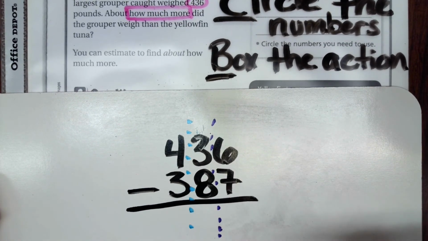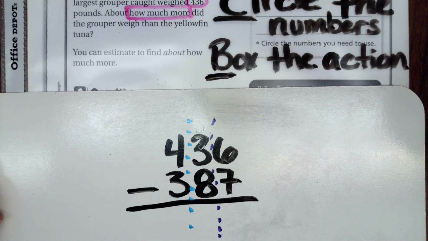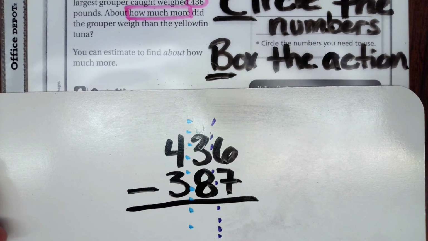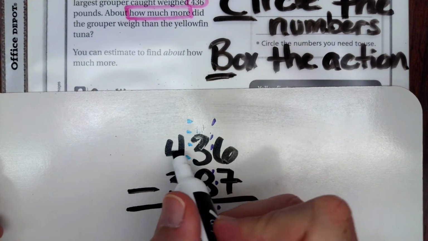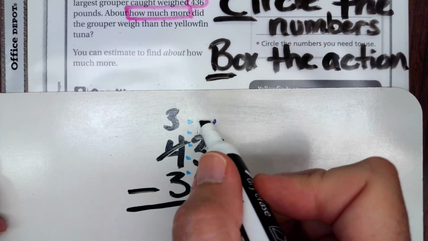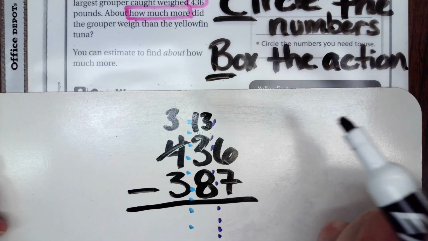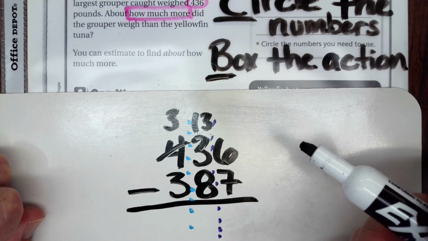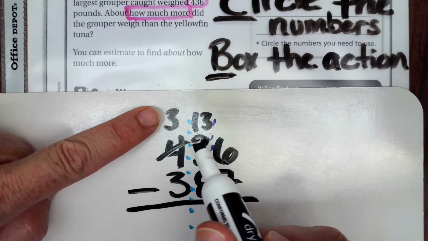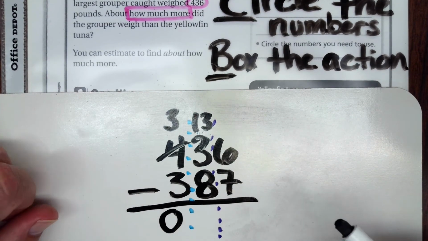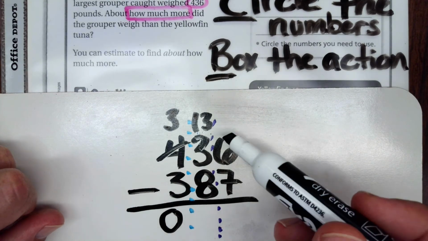If you don't remember how to do that, that was in last week's video on how we regroup. But I'm going to change out these 4 hundreds. So I have 3 hundreds and 13 tens. Then I can do my first step. Now in my hundreds, I can take 3 minus 3 equals 0 hundreds. Great.